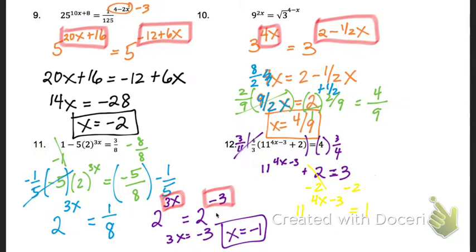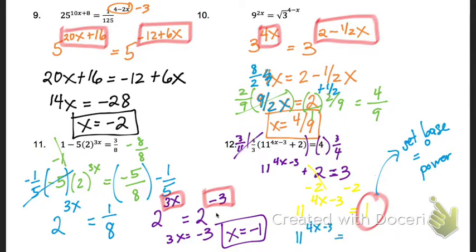That's good. So anytime you have a 1, this is like a special case. Anytime you have a 1 on a side, you set the base equal to the 0 power. So I'm going to rewrite this as 11 to the 4x minus 3 equals 11 to the 0 power, because that in turn becomes 1, as Claire so eloquently put it.